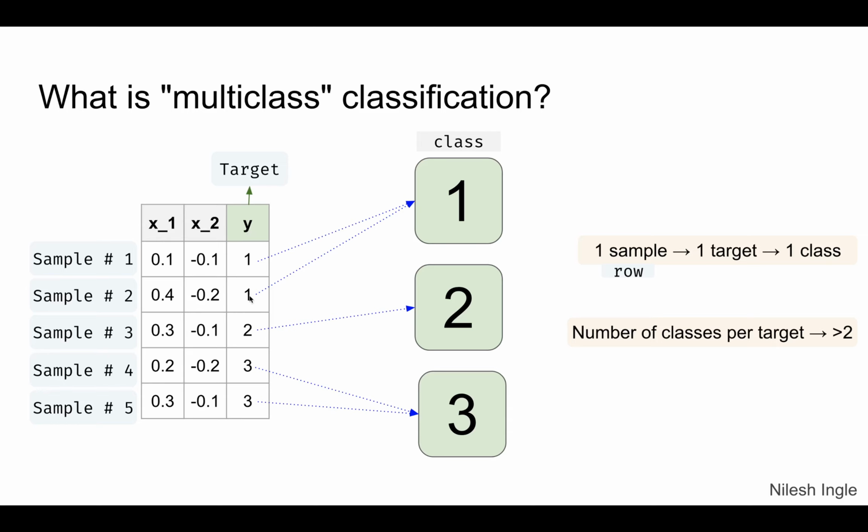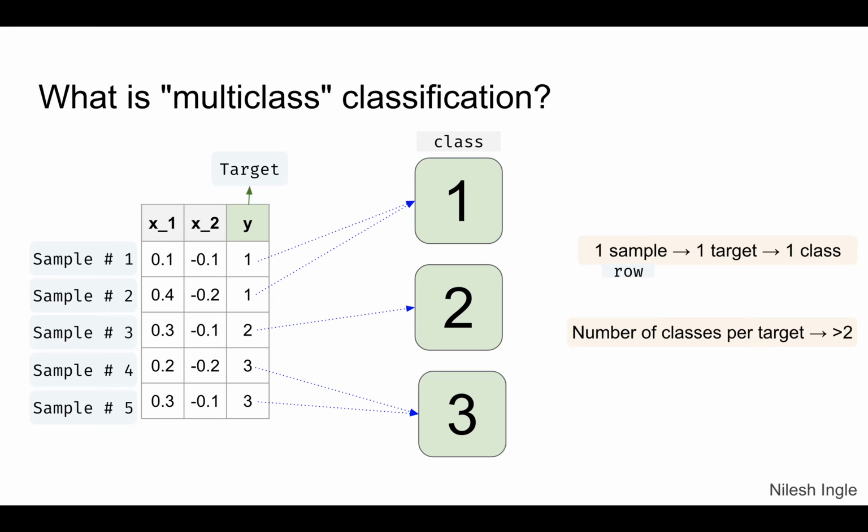The first two samples or first two rows have class 1, then the third sample has class 2, and the last two rows have class 3 as label. So in this case, we have one target column, and that one target column has three different classes.